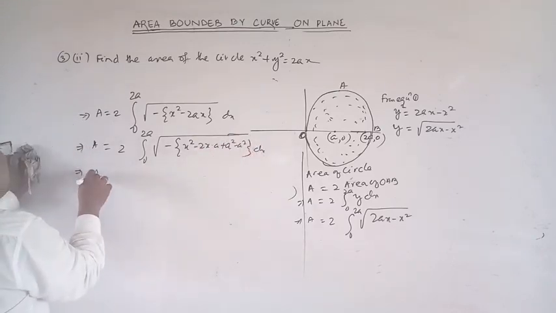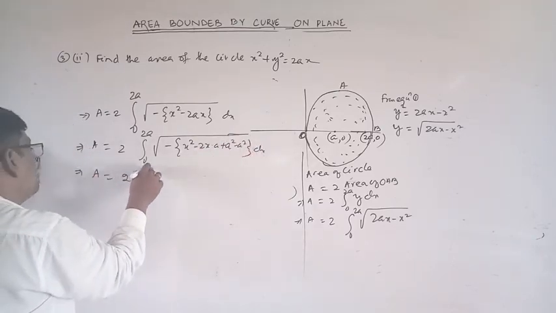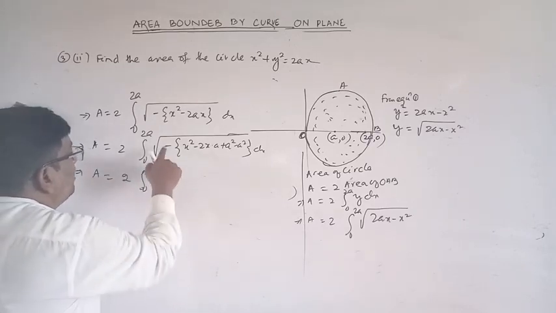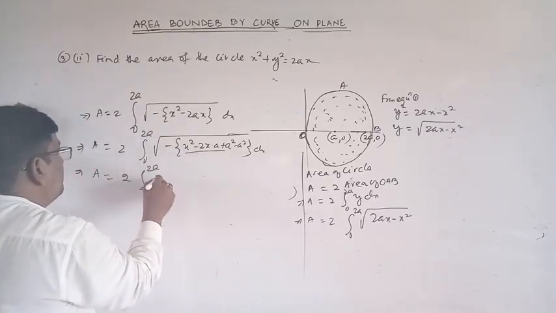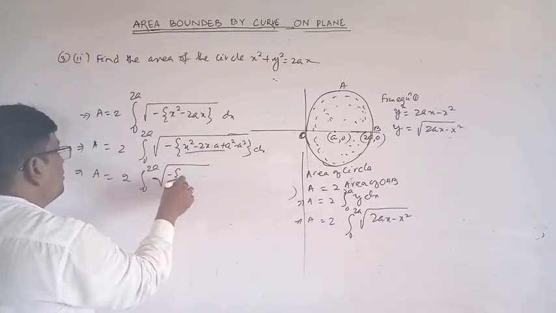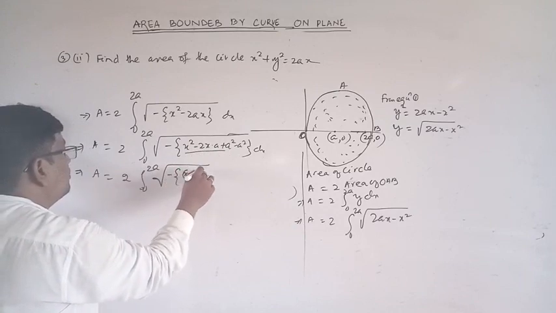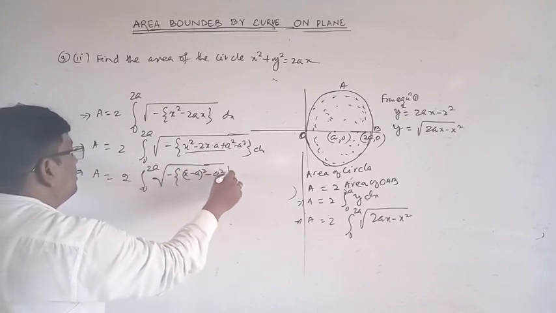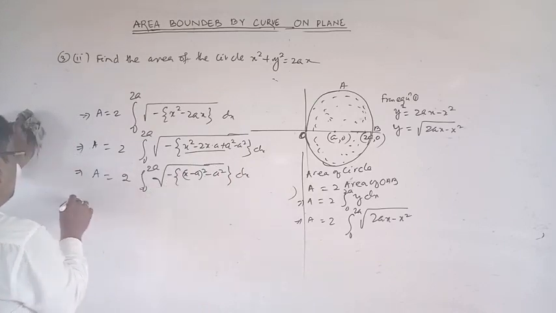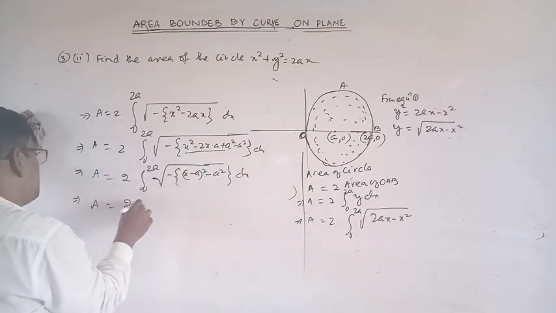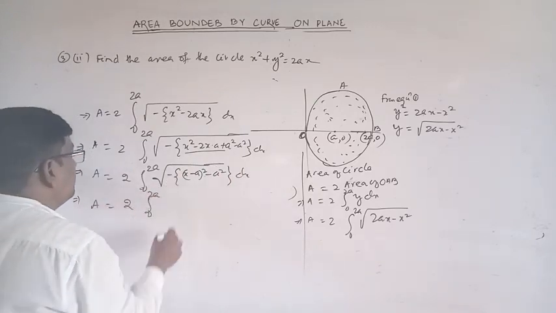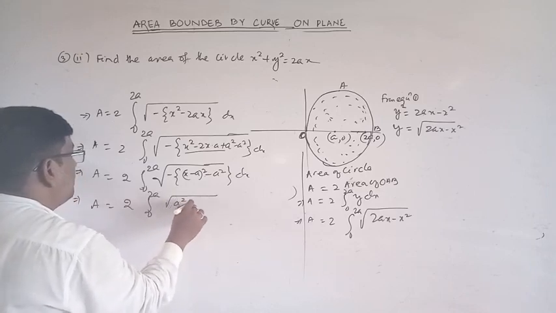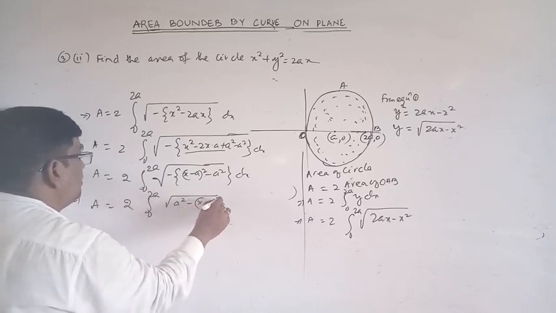So that implies area is equal to 2 times the integral from 0 to 2a of the root of minus of ((x minus a) whole square minus a square) dx. So A is equal to 2 times the integral from 0 to 2a of the root of a square minus (x minus a) whole square dx.